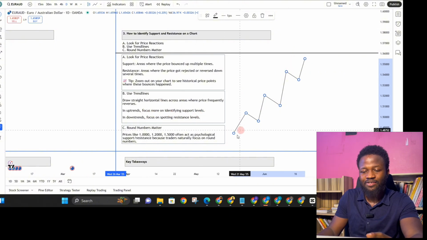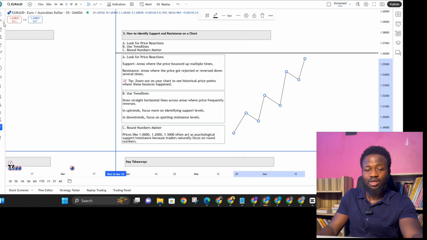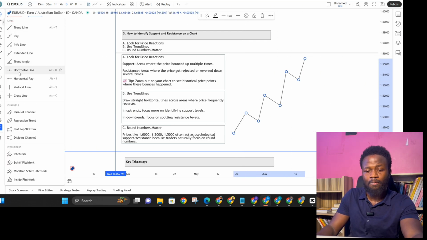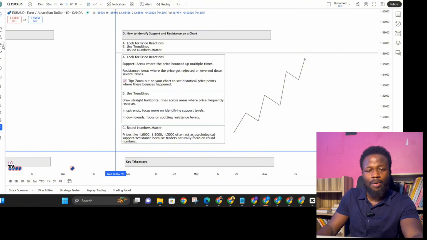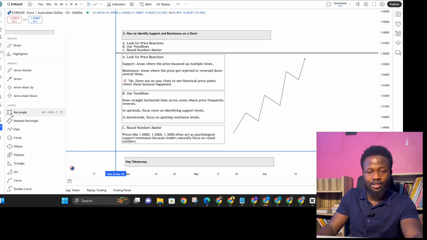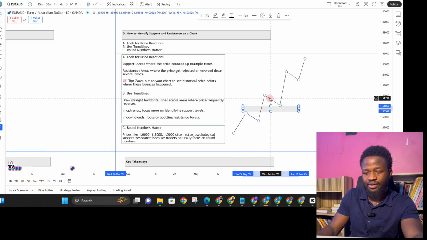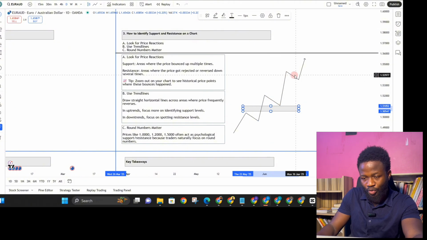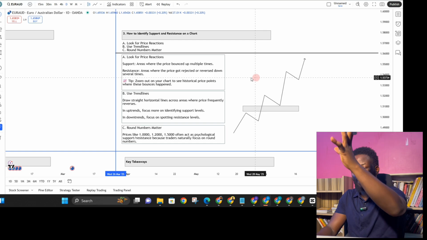Focus more on identifying support levels. Whenever the market is going up like this, what you should focus on more is areas of support. Remember, we use area, right? So in what I just drew, this could be an area because this place is supporting this place, right? So that's what we focus on when we are going up.